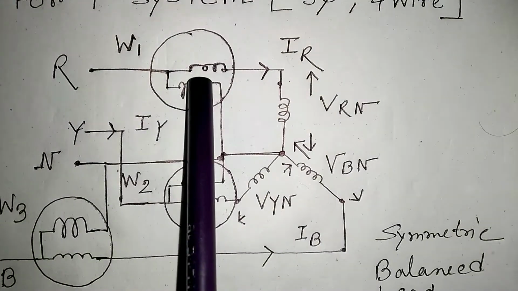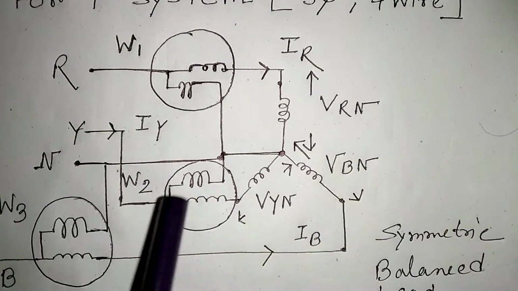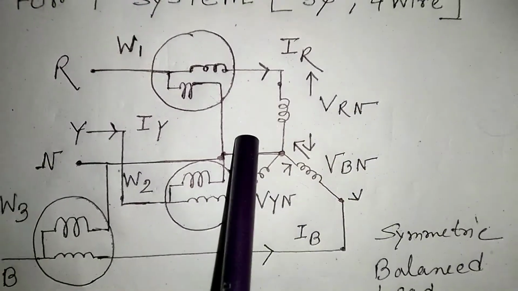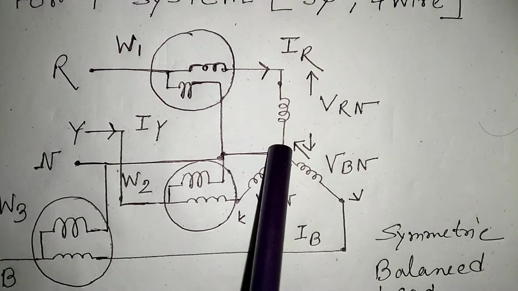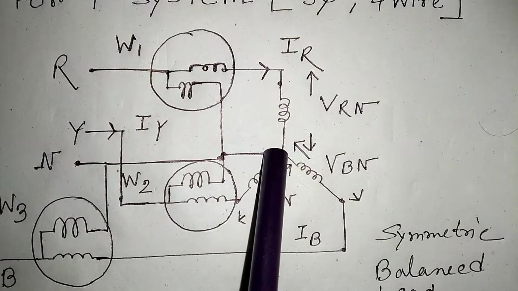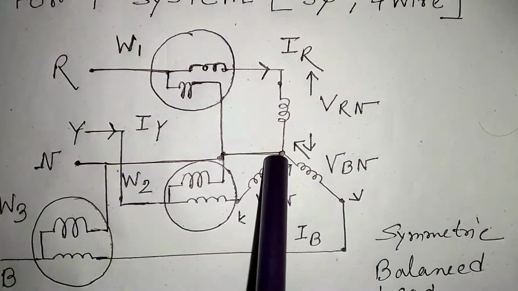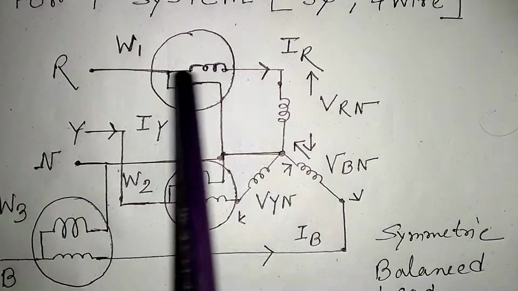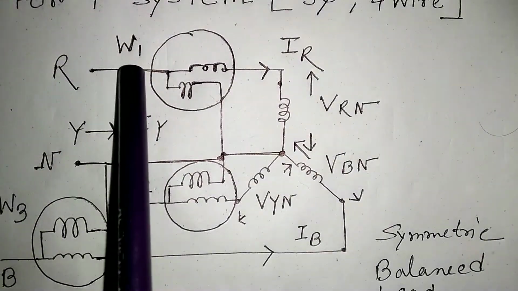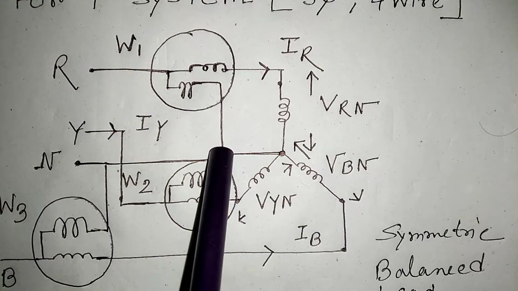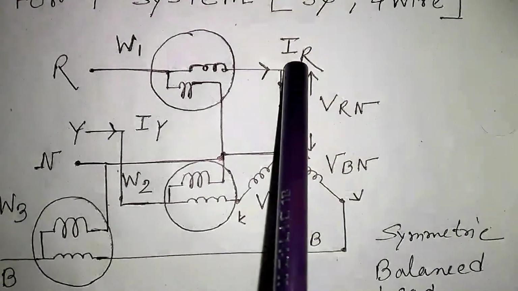Now the total power will be the sum of the readings of wattmeter 1, wattmeter 2 and wattmeter 3, because in this system the total system is divided into 3 parts. That is part 1: here R phase and neutral, the current is IR, and the potential difference between R phase and neutral is VRN.